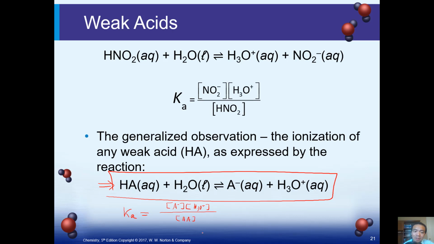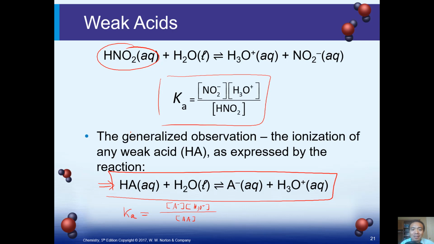Remember, do not include H2O, which is a pure liquid. So for this specific case, nitrous acid, which is weak, you can write an equilibrium constant this way. And this can be used for the pH calculation for a weak acid, which we will discuss later on.